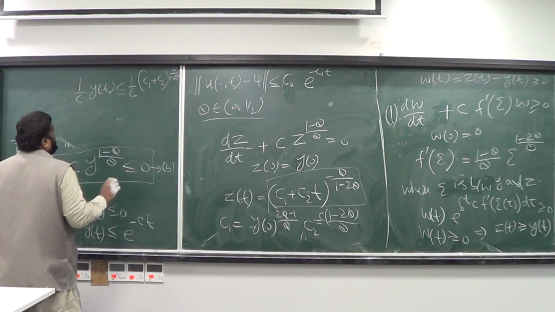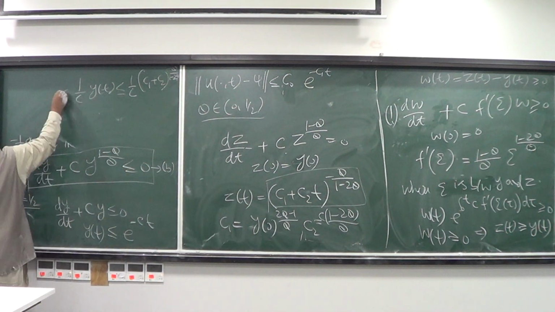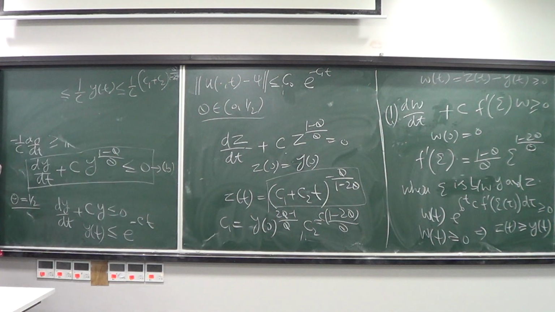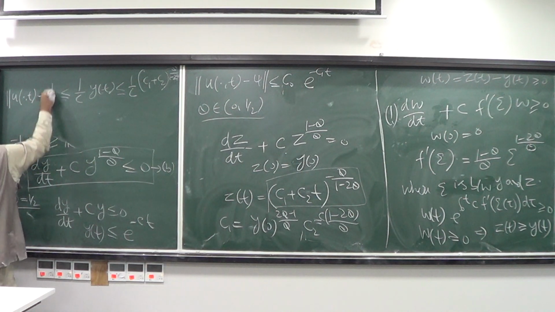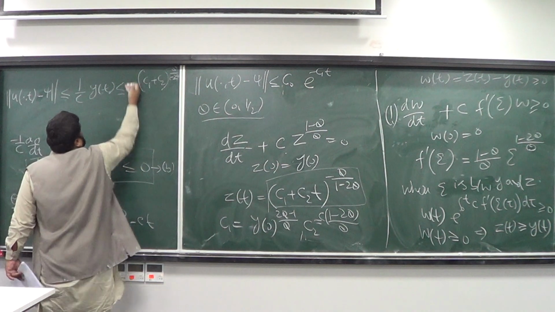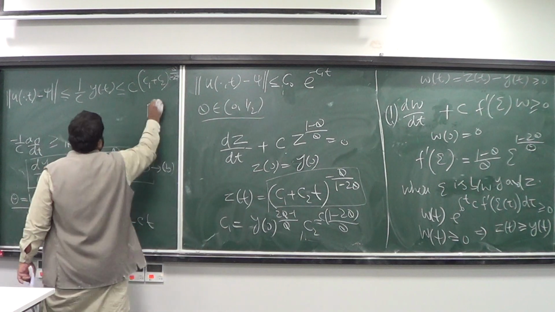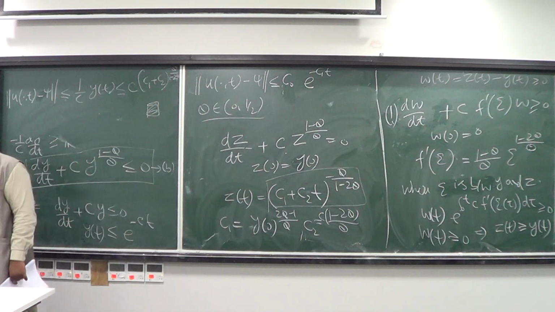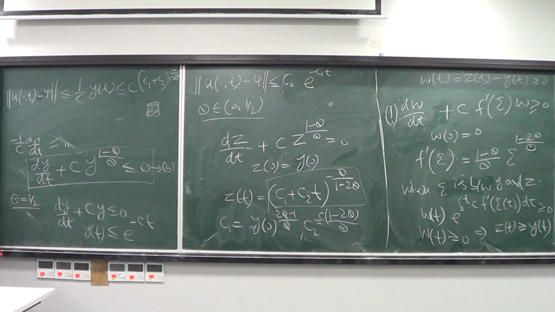And I know from my previous analysis that this is greater than or equal to u of t minus psi. Hence I can call this constant c, and you get your inequality. So this is the proof of the decay rate of this norm, or the rate at which u would converge to psi.